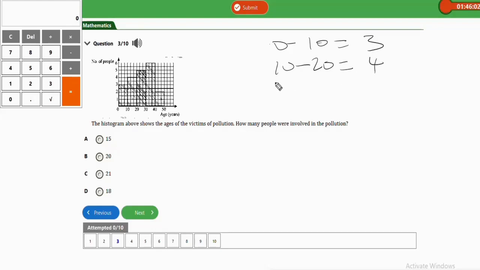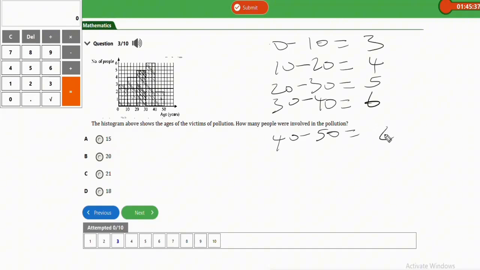Alright, then we have 20 to 30 people involved, we have it to be 5. Then we have 30 to 40 people involved, we have it to be 6. Okay, then lastly we have 40 to 50 people involved, we have it to be 2.